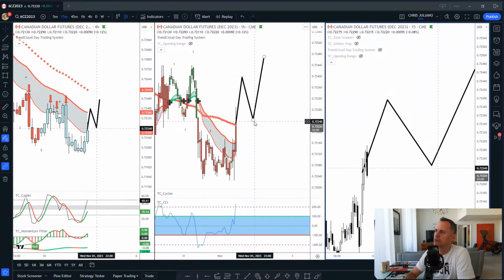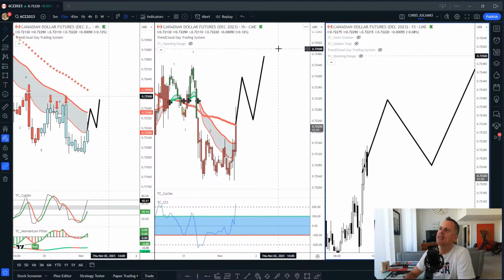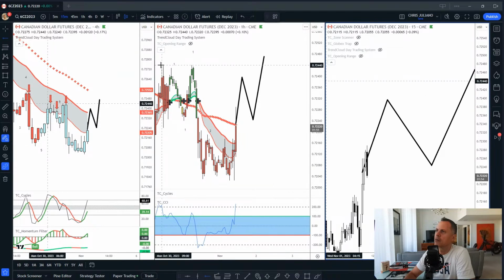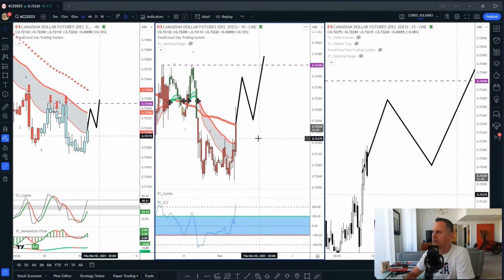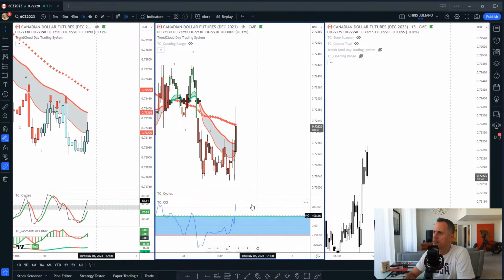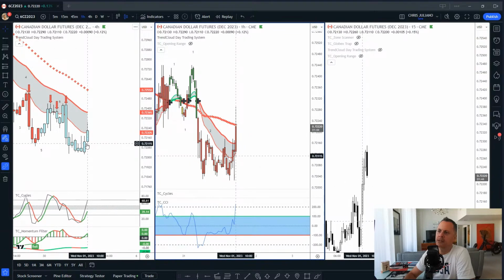Break above, pulls back, finds support, and now we broke through structure. Ready to go. Now we're ready to go. If you want to be aggressive, then you're riding this corrective move to the upside.